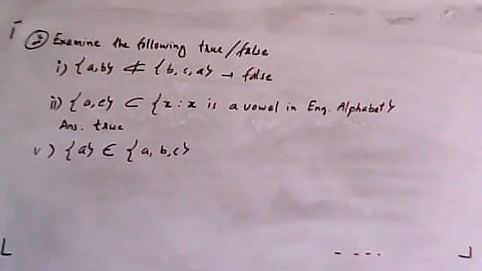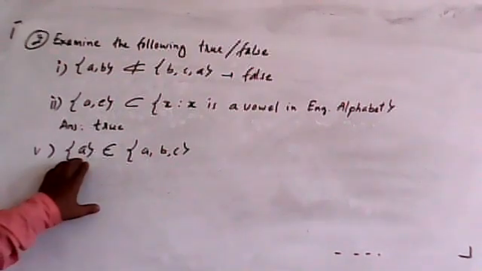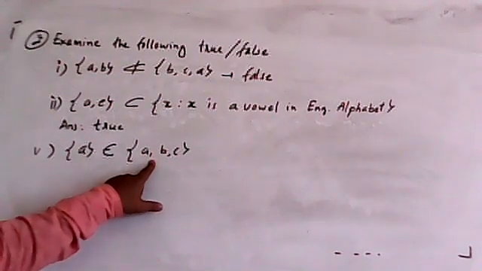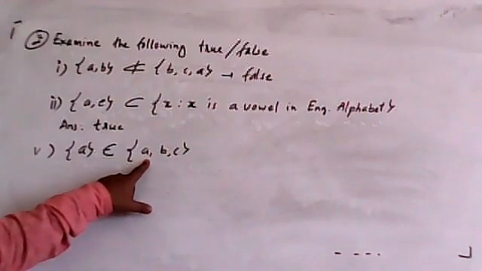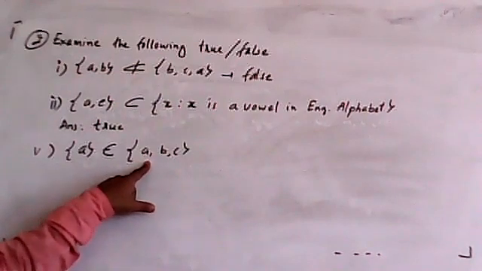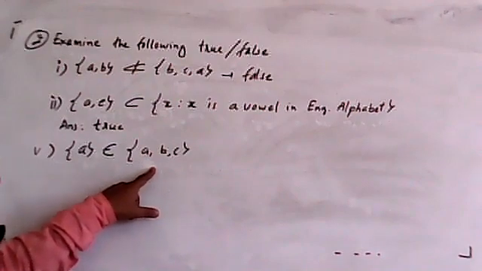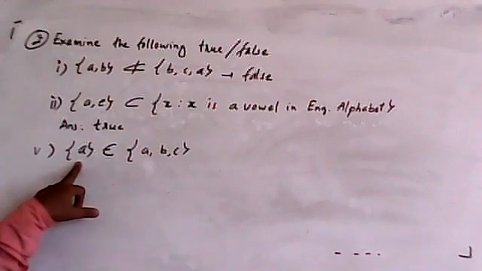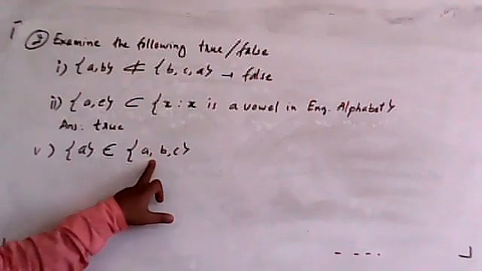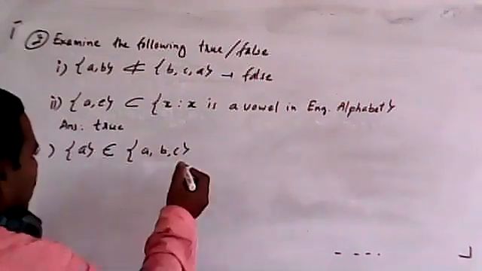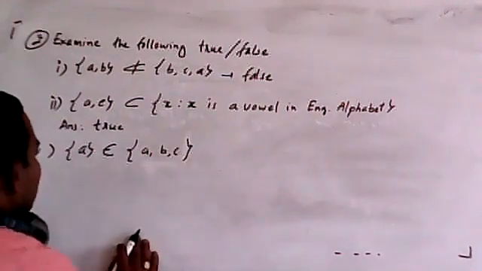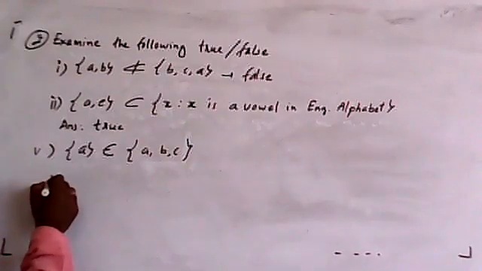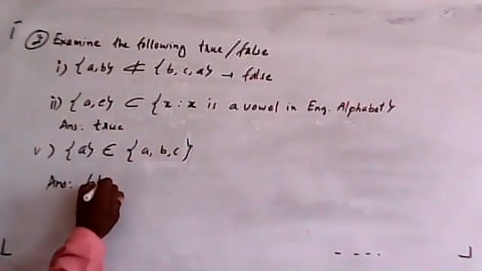Why is it false? Set A is not given here. Simply here it is given as A only. But they wrote set A separately, right? Set A is not written in this, right? It is false. Why? I will tell now. Answer: false.